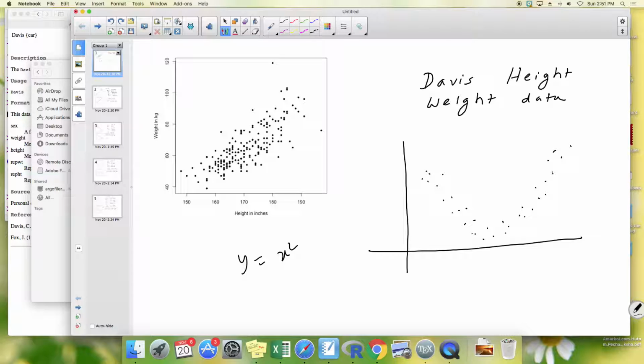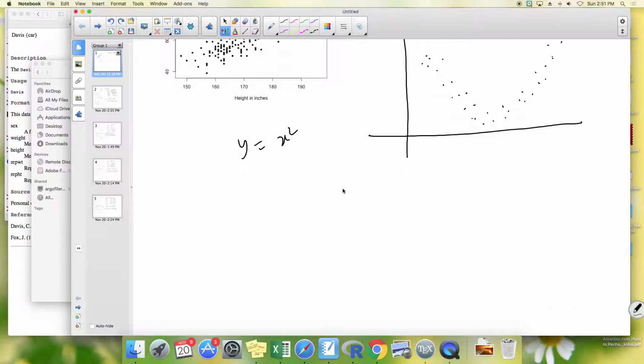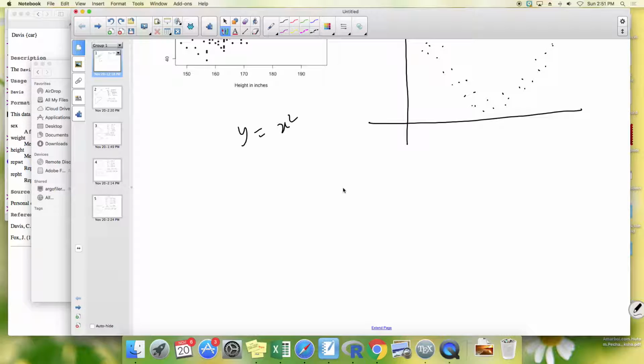So from this shape, or maybe from the data, you can watch that it is something like this.